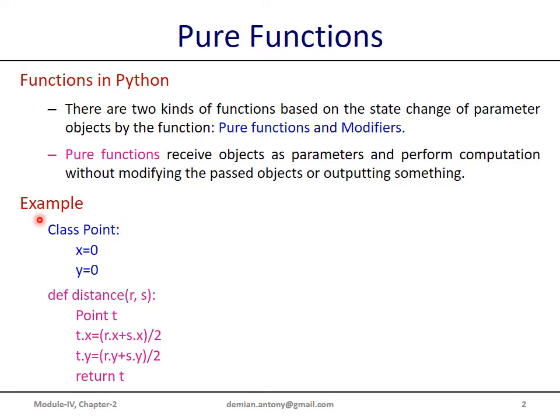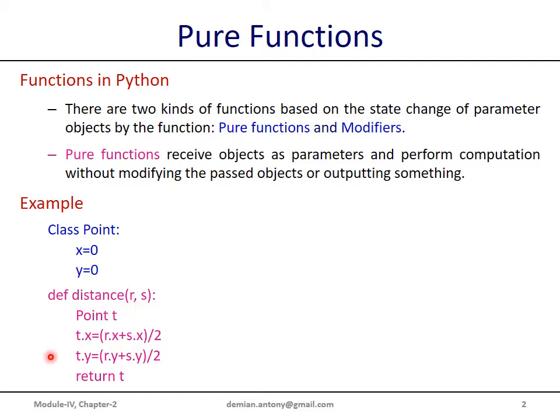We define a class called point with initial values x and y equal to 0. Then we define a function called distance which takes two parameters, which are objects r and s.